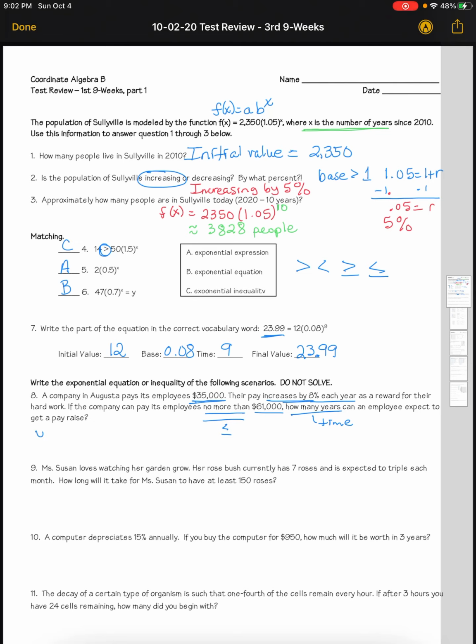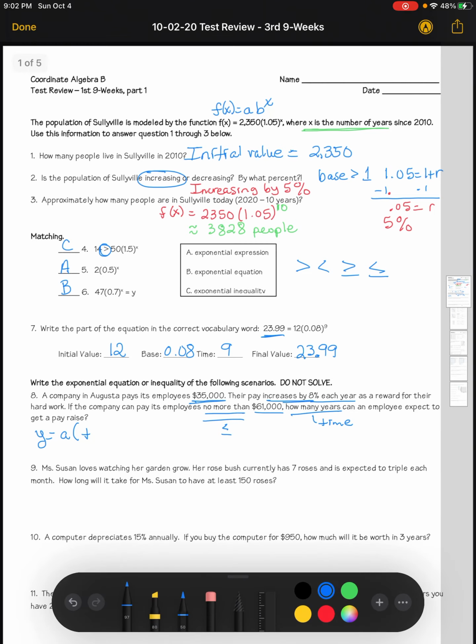Remember our formula? This is dealing with y is equal to a times 1 plus r raised to the x power. Why?